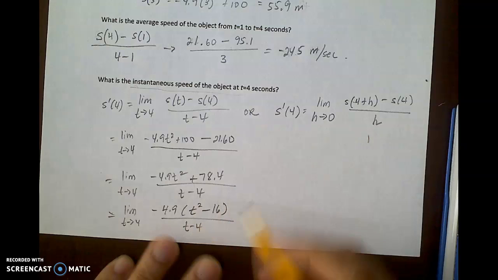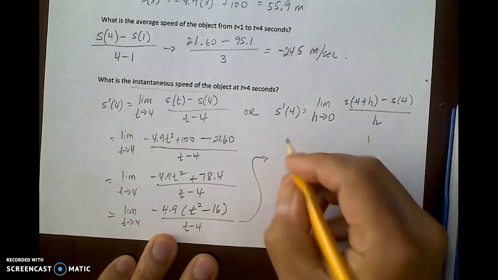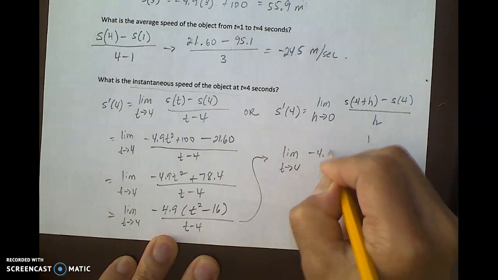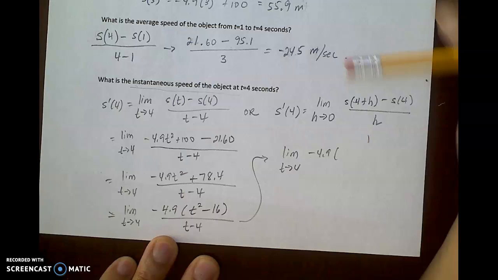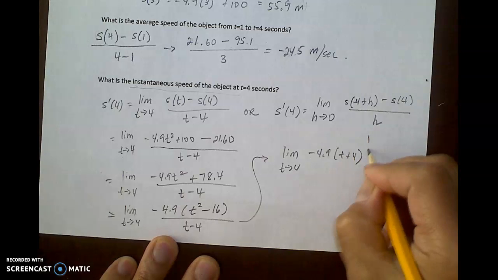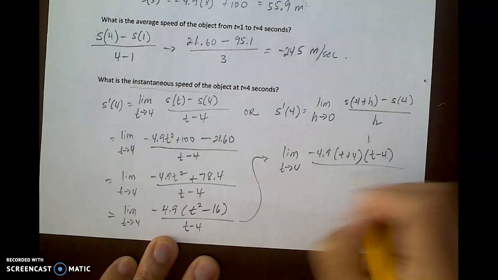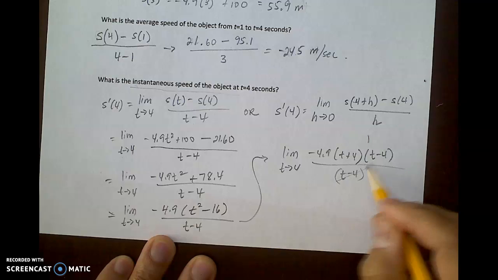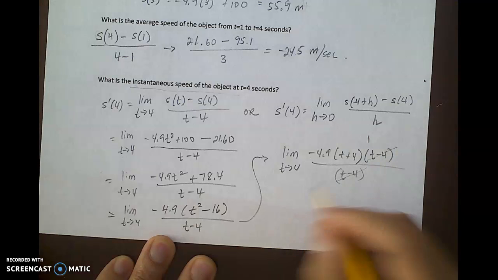Let's do some more factoring. It's the difference of perfect squares, so it's t plus 4 times t minus 4. So the t minus 4 cancels.